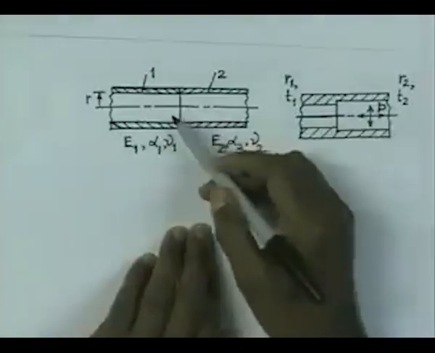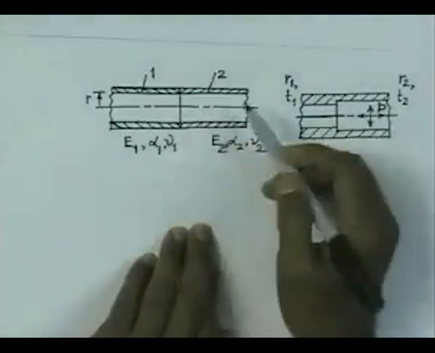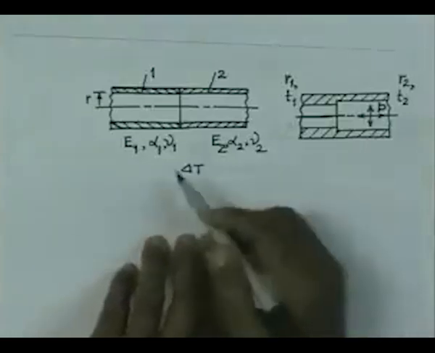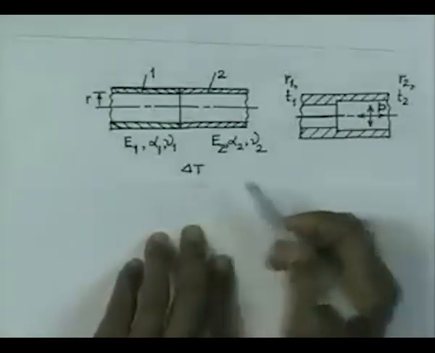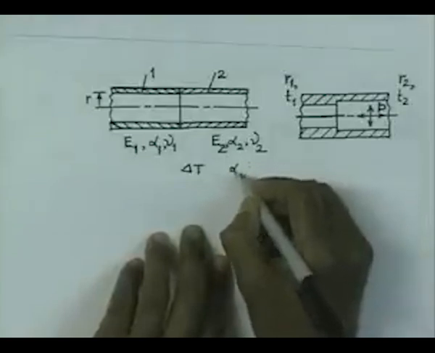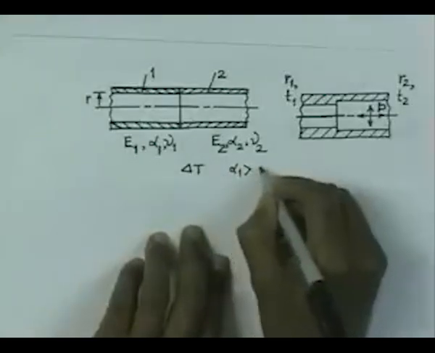First of all, if you think of this case, this pipe, if the temperature of the pipe is raised by delta T, and think of a situation that you have this coefficient of thermal expansion alpha 1 is greater than alpha 2.